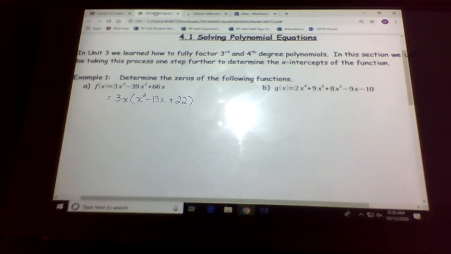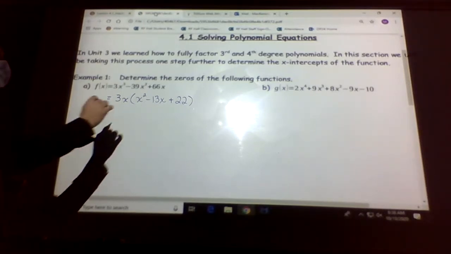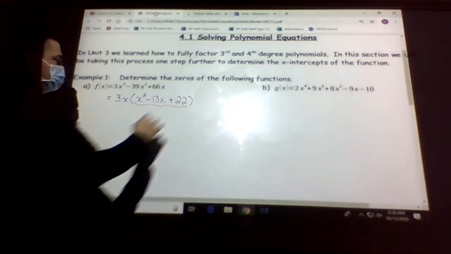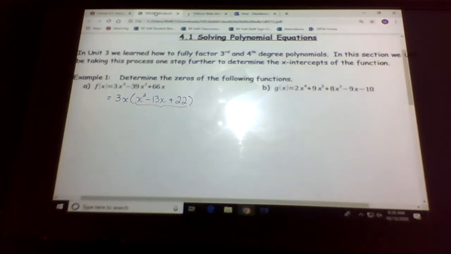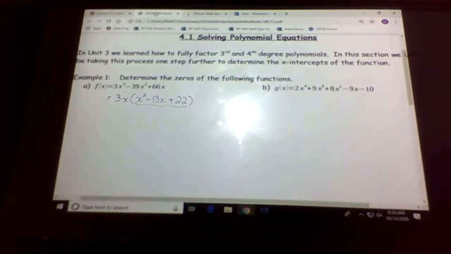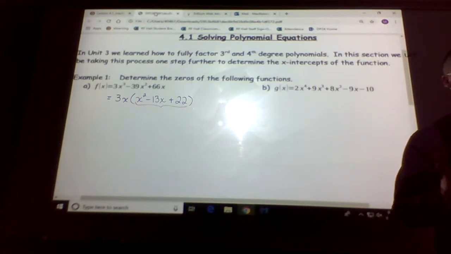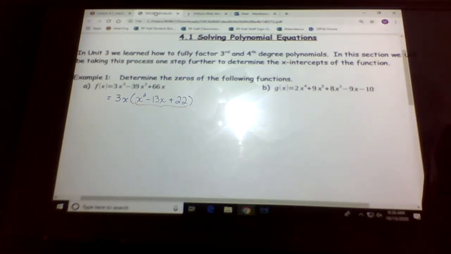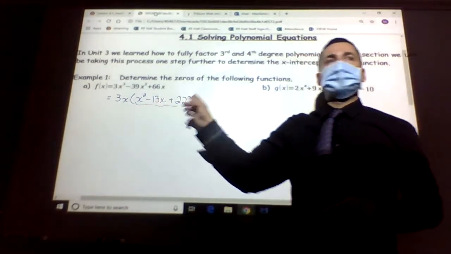Now we got into the form of a quadratic. So we have x squared minus 13x plus 22. This is considered a simple trinomial. What's the difference between a simple trinomial and a complex trinomial? This is a trinomial, 3 terms.